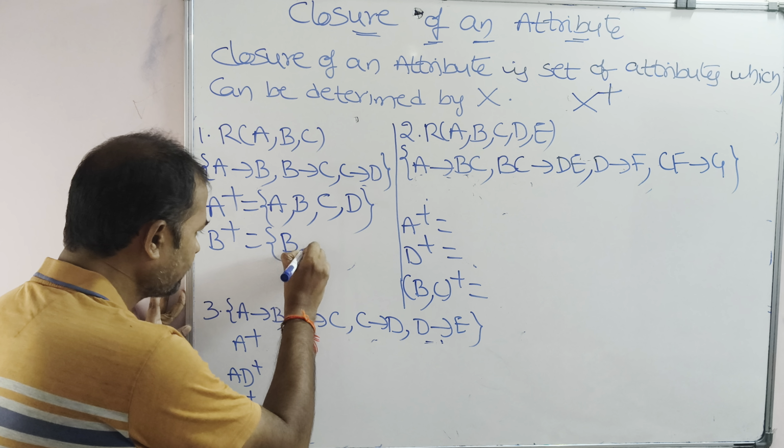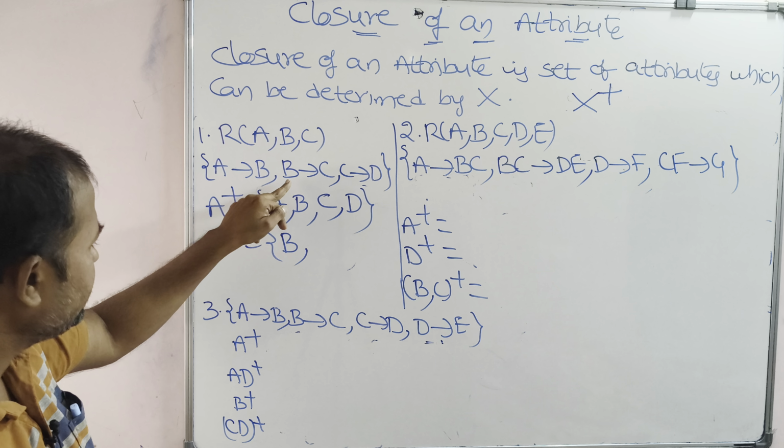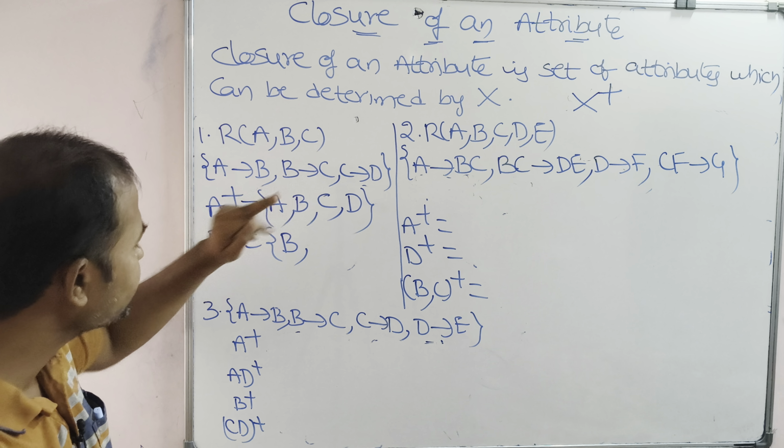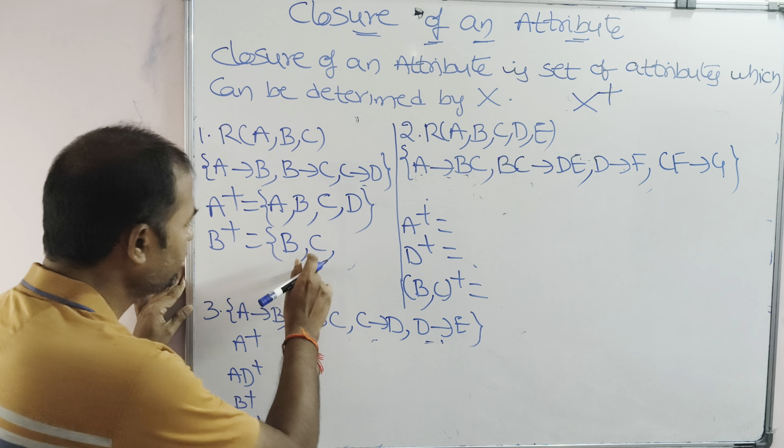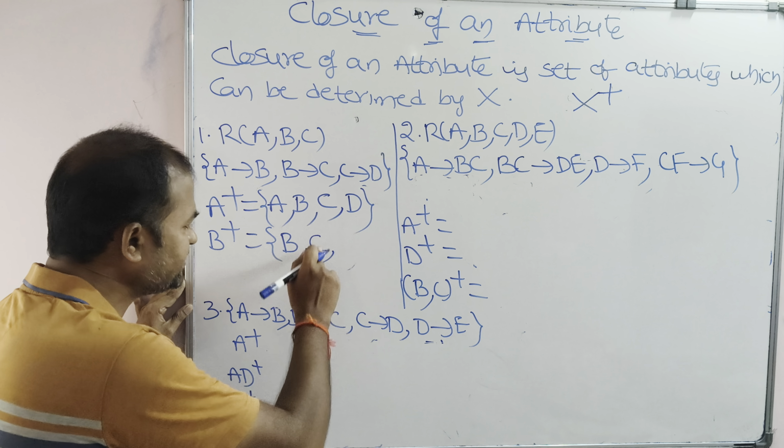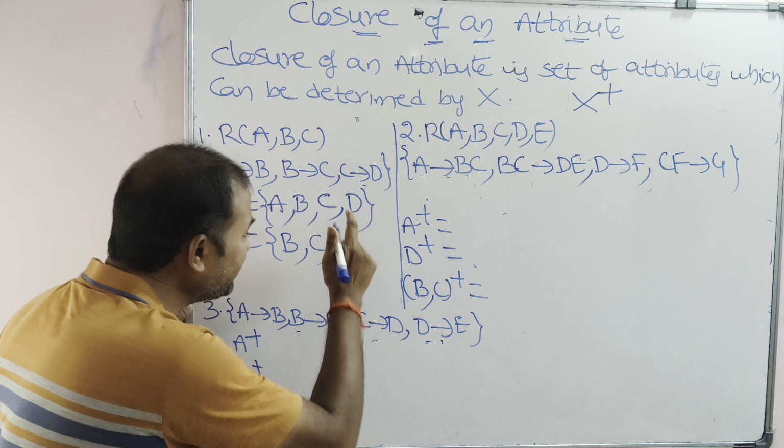So B. Next, let us see here. B can determine C. Here we have C implies D. C can determine D.